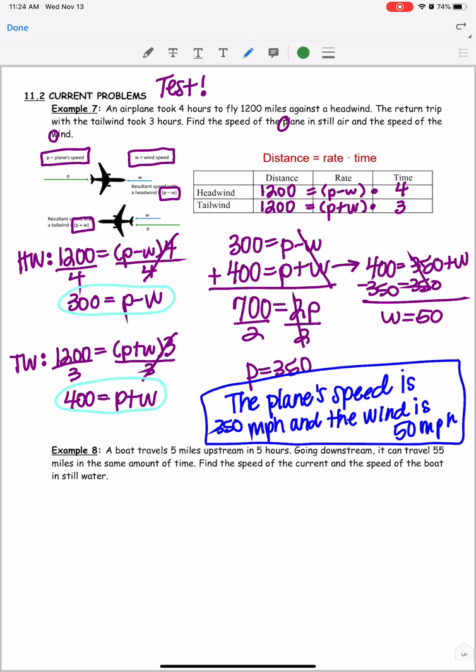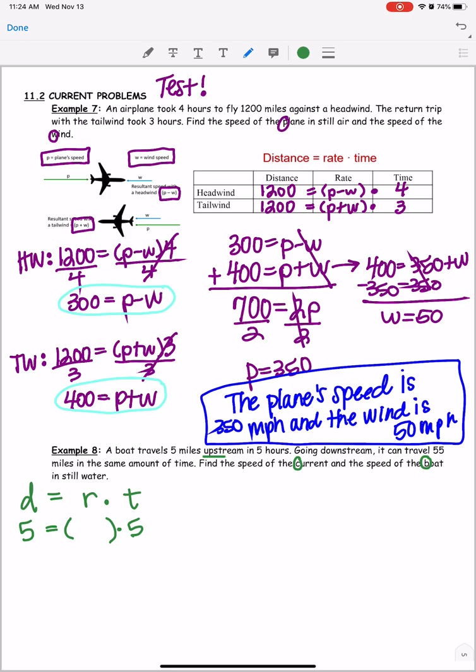So, if I'm using distance equals rate times time, I am going 5 miles, so that is my distance. I'm going 5 hours, so that is my time. And now what is my rate? Well, let's call the current C and the speed of my boat B.